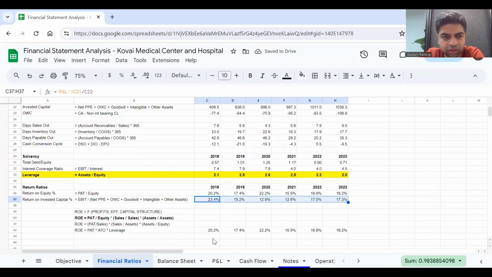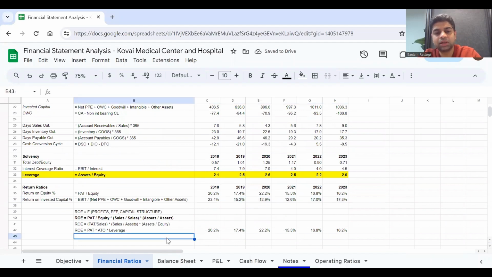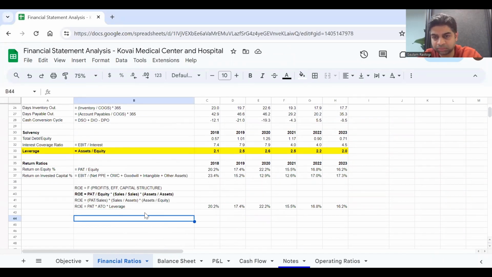Before we comment on ROIC, let's again apply DuPont to ROIC. By the way, it has very similar trends as ROE. But let's first estimate ROIC using the DuPont formula, which is the same, but instead of PAT margin, it's operating margin, which is EBIT divided by sales.